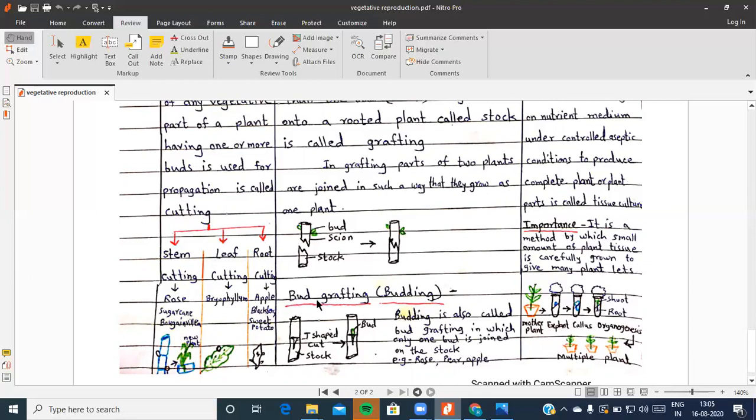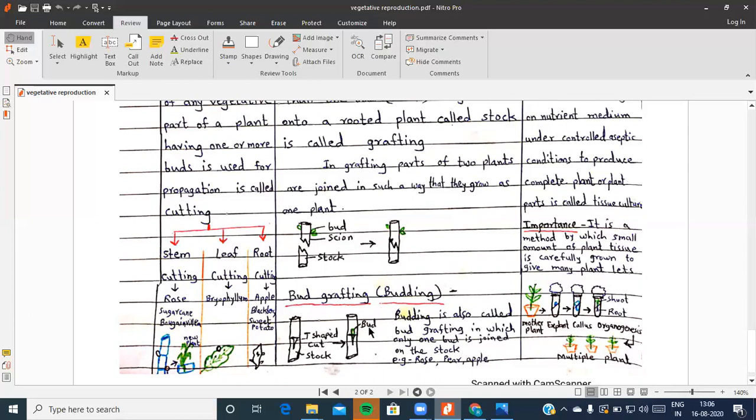Bud grafting is also called budding. In budding, only one bud is joined on the stock. This is T-shaped budding. The lower part is called the stock, the upper part is called the scion. Here there is only a bud from another plant.